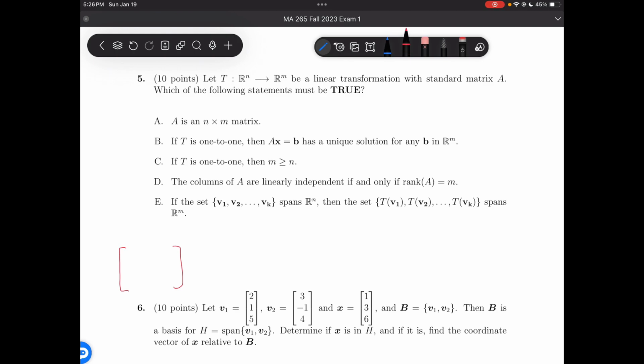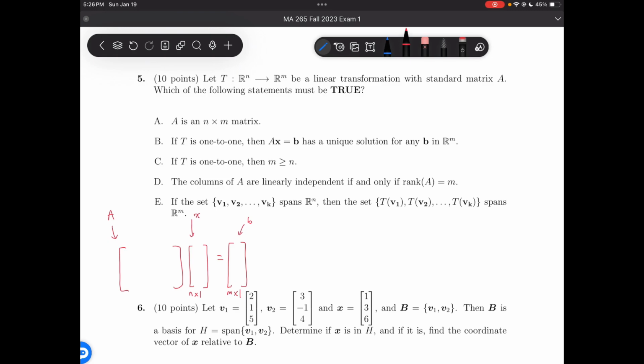Since it's going from Rn to Rm, the dimension of this column vector would be n by 1, and this column vector would be m by 1. So suppose this is A here, this is some vector x, and this is b, if we're doing A times x equals b.